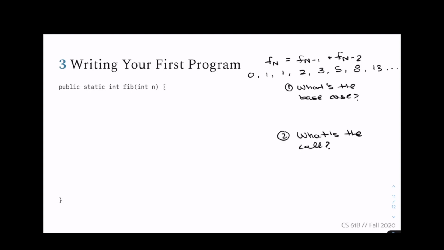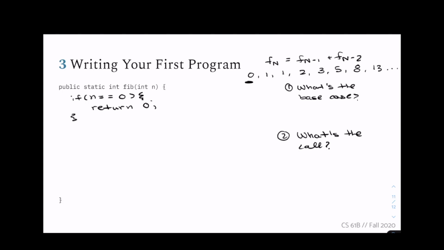Well, how about we just start with the first number, right? Because there's no Fibonacci numbers less than 0. 0 is the first Fibonacci number, which means once you've hit 0, there's nothing more you can calculate. 0 just happens to be the first number. There's nothing else you can do about that. So perhaps that's the base case. We can just say if n is equal to 0, because we're looking for the 0th item, then we return 0.